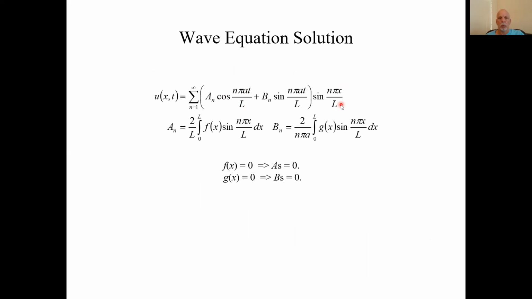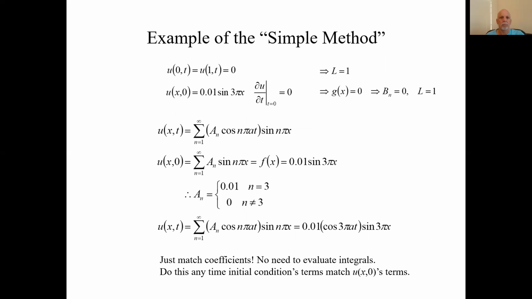And in our case, L was 1, so just n pi a t and n pi x for the sine. At time t equals 0, this cosine is just 1, so it's just a sub n sine of n pi x. So here's the solution at time 0.